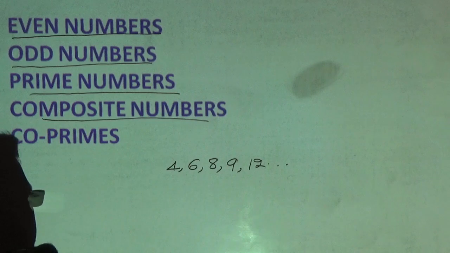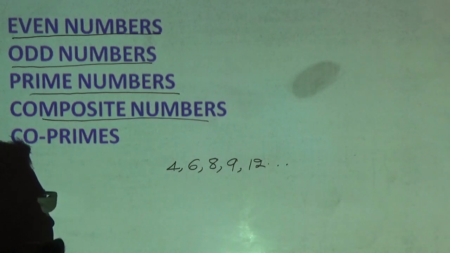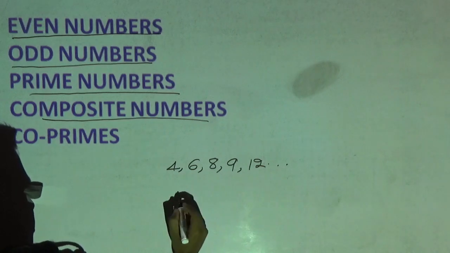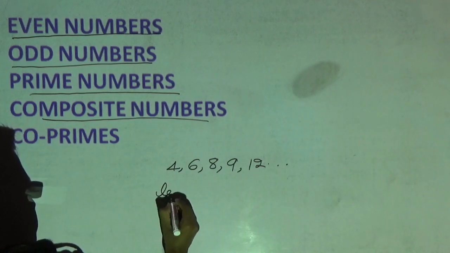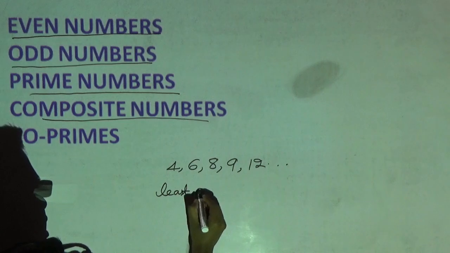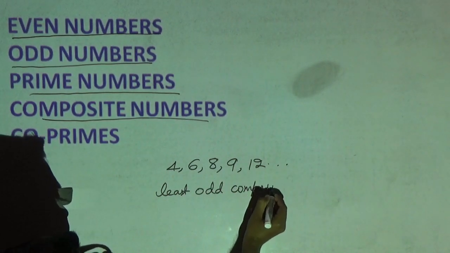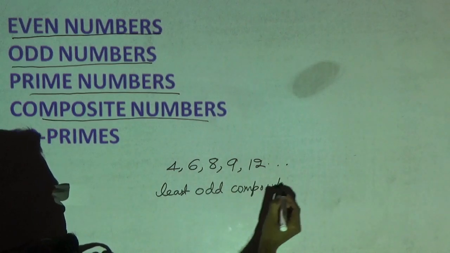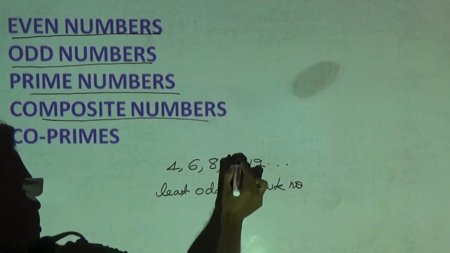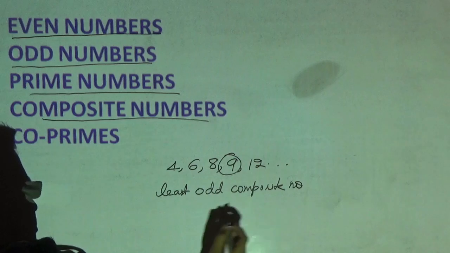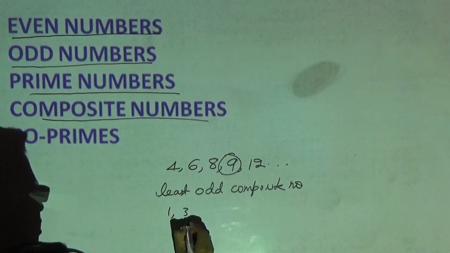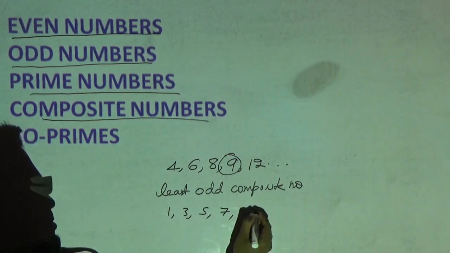Now they may ask you, which is the least odd composite number? So what should be your answer? 9 is your answer. See, tell me which are the odd numbers? 1, 3, 5, 7, 9.